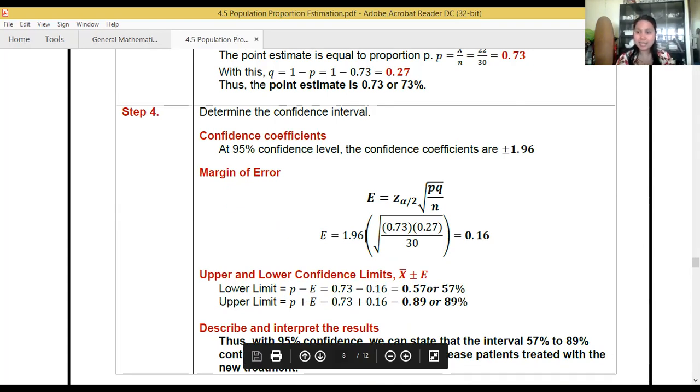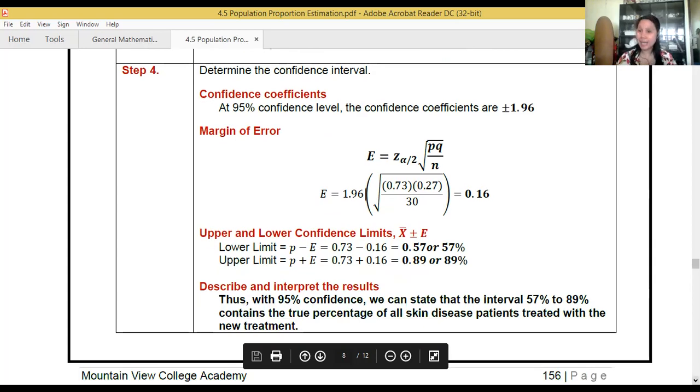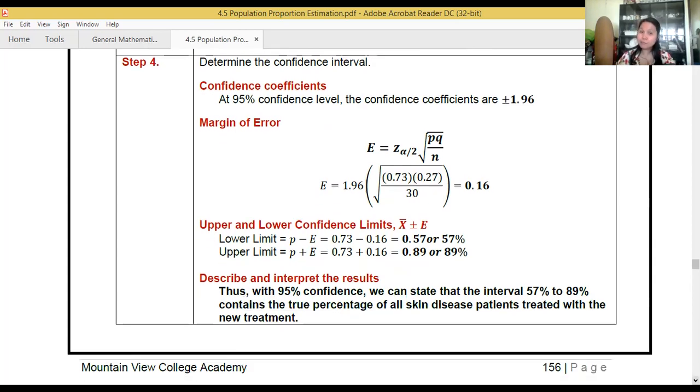Now, how do we state our conclusion? We say we are 95% confident, or we say with 95% confidence, we can state that the interval 57% to 89% contains the true percentage of all skin disease patients treated with a new treatment.